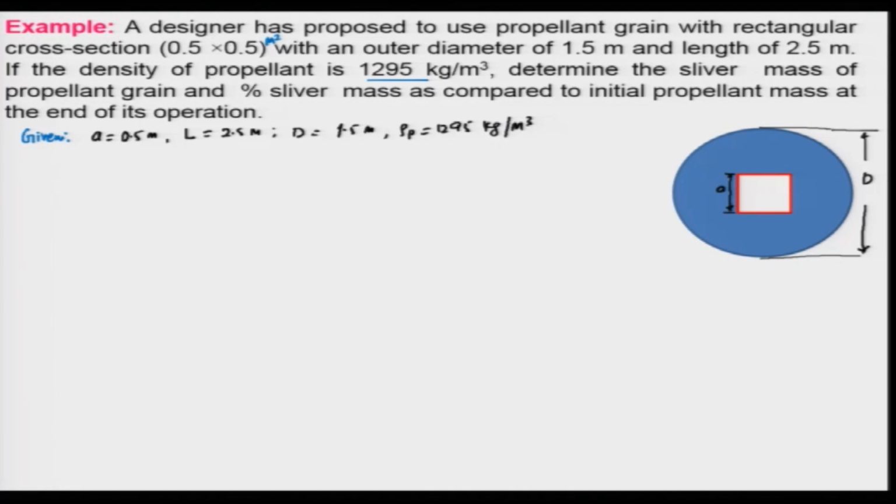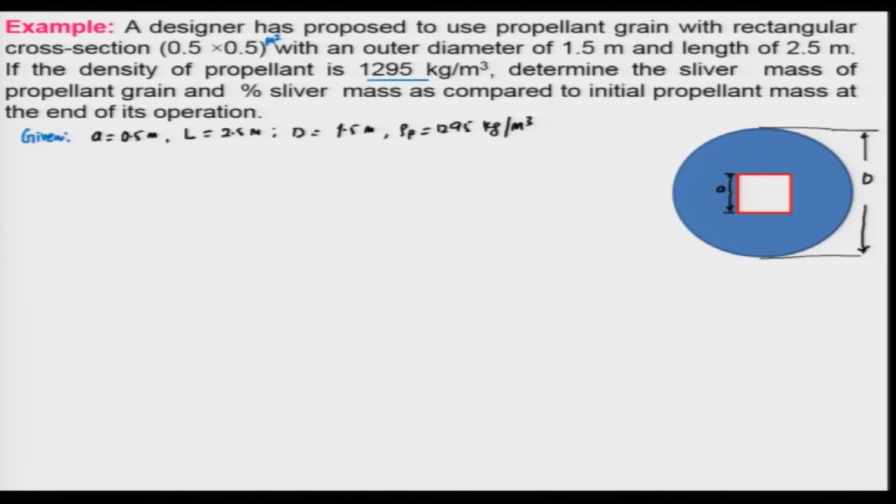We will have to find out basically the sliver mass. That means, sliver mass is the one in which at the end of operation the propellant will remain intact, or in other words it cannot be really used further.